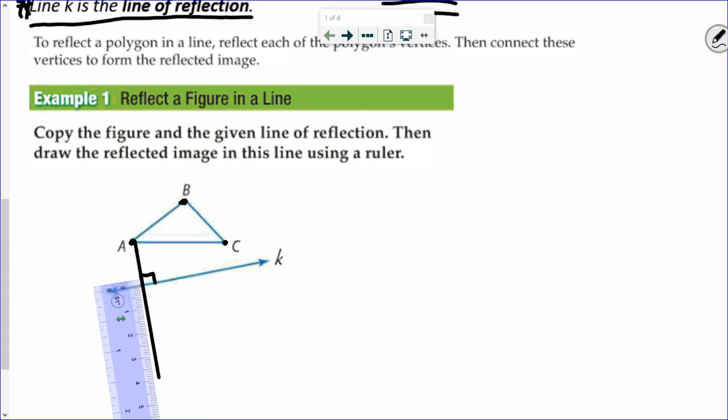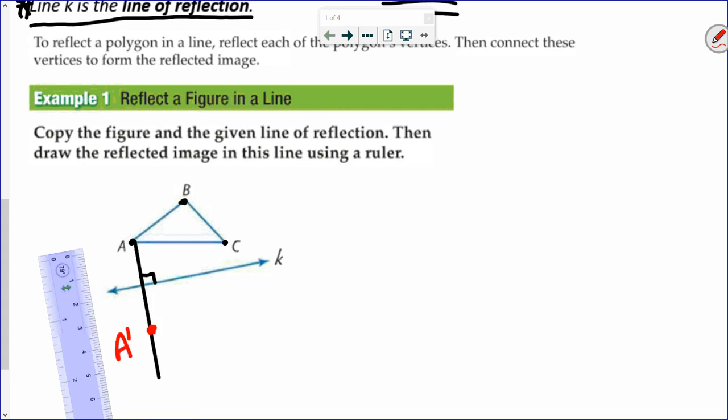We want to measure 1.7 centimeters from K. So 1.7 centimeters puts me about right there. And so this new point that I have, that's the image of A, that's point A prime. We've reflected A. And then we just repeat this process for points B and C.